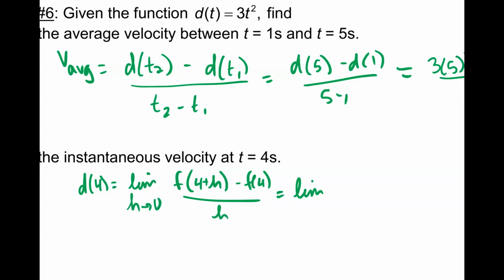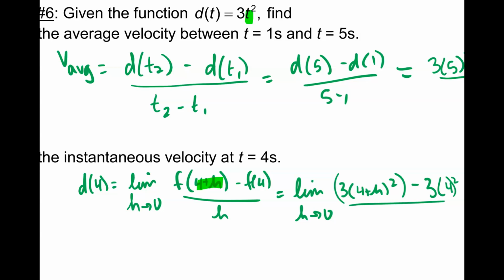This will be the limit as h approaches 0, so we're plugging in 4 plus h for t. So we have 3 times 4 plus h squared, and we're subtracting 3 times 4 squared all over h.